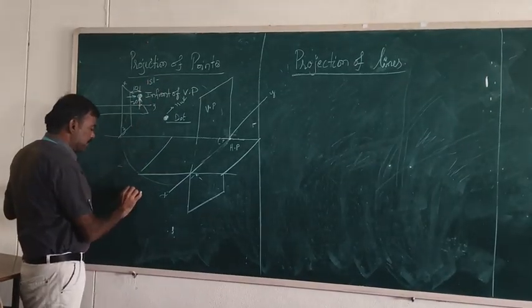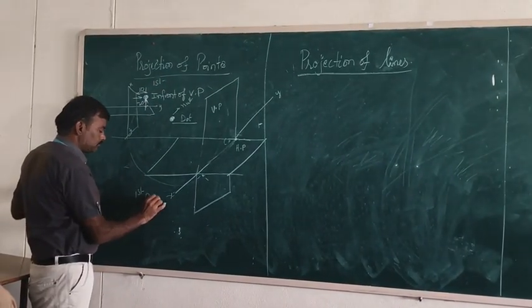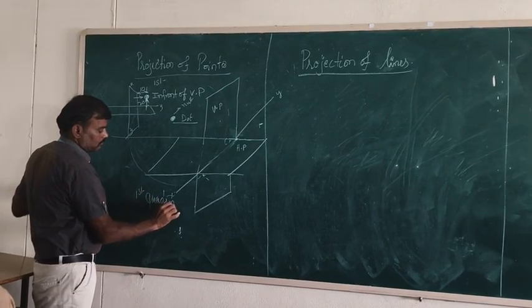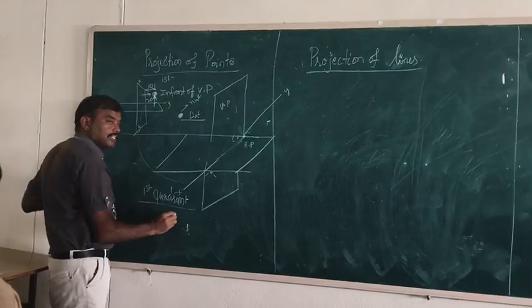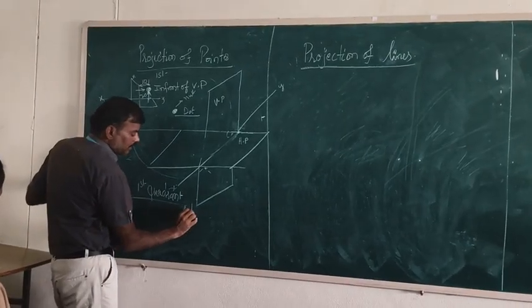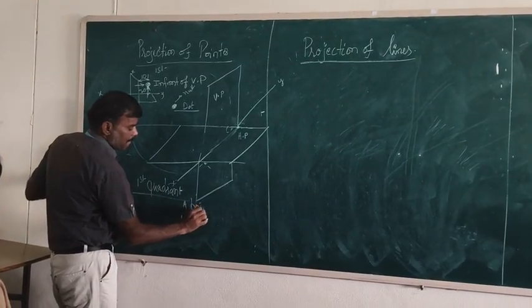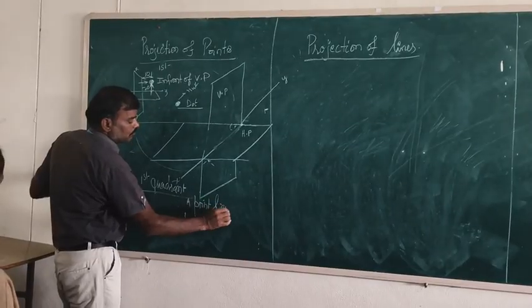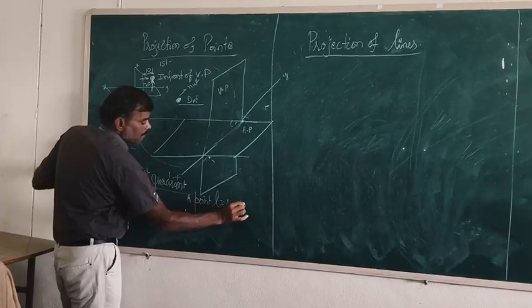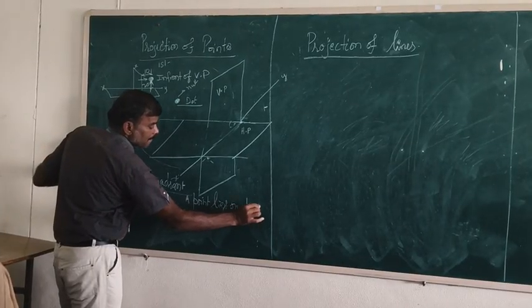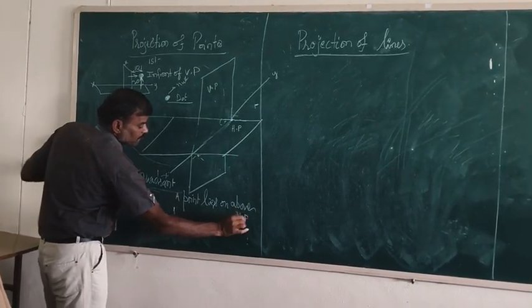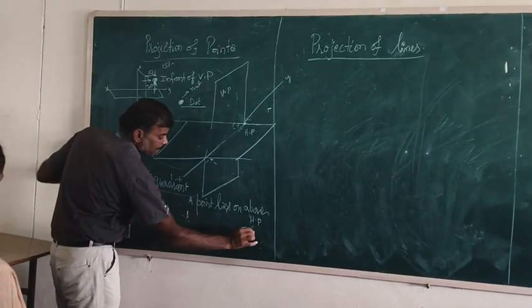So what is the first quadrant condition? Above HP. First quadrant condition is above HP. Point lies above HP, in front of VP.